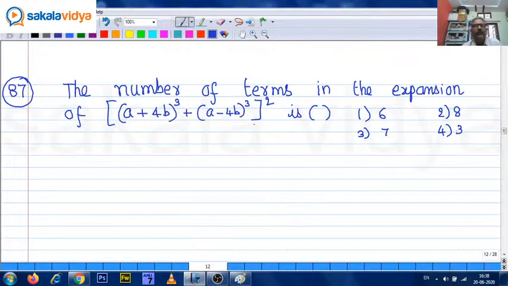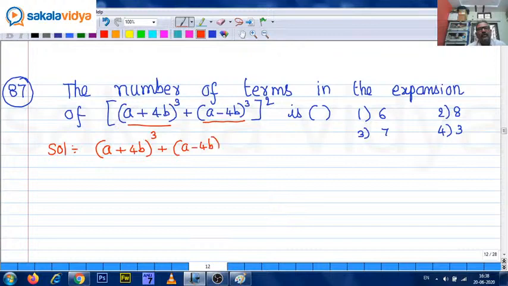The number of terms in the expansion a plus 4b whole cube plus a minus 4b whole cube raised to 2, we need to find out. So first let us find out this a plus 4b whole cube plus a minus 4b whole cube.